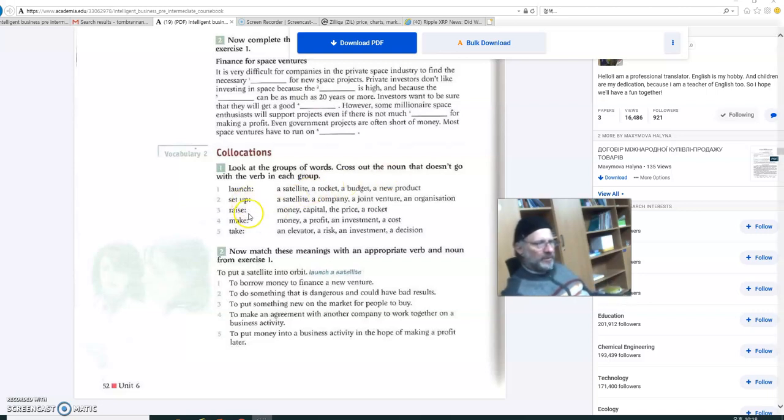So you have setup, you have raise, you have make, and you have take. So just have a brief look at these. See what works, what doesn't work. One of these in each line does not work as a collocation or as a word grouping, a group of words.